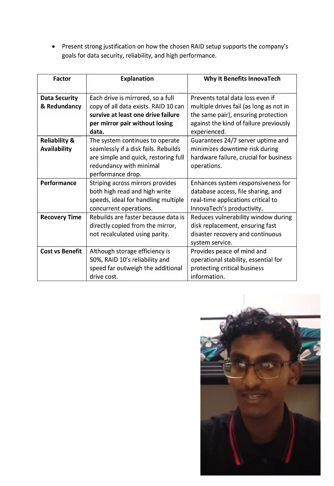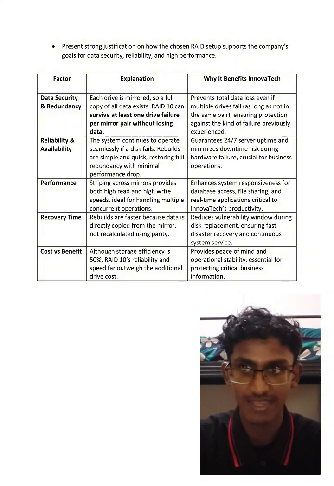So the next factor is reliability and availability. The system continues to operate seamlessly. If a disk fails, it will rebuild simply and quickly, restoring full redundancy with minimal performance drop. So the benefits are guaranteed 24/7 server uptime and minimized downtime risk during hardware failure, crucial for business operations.